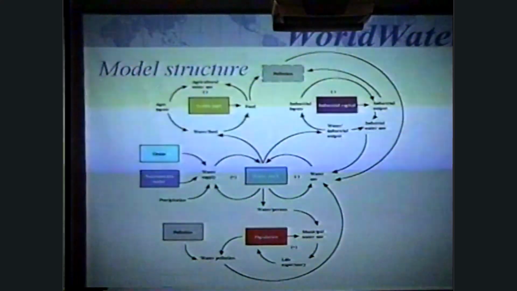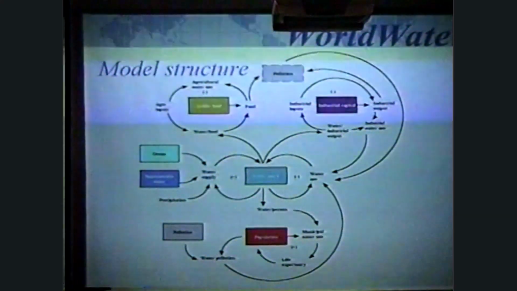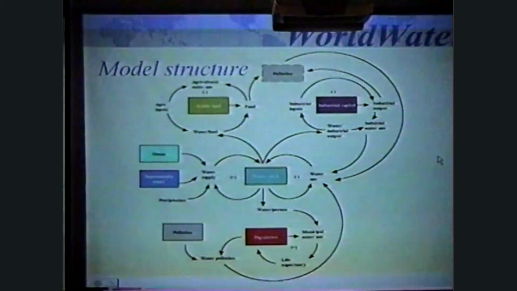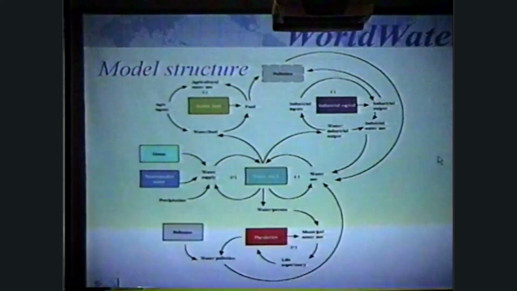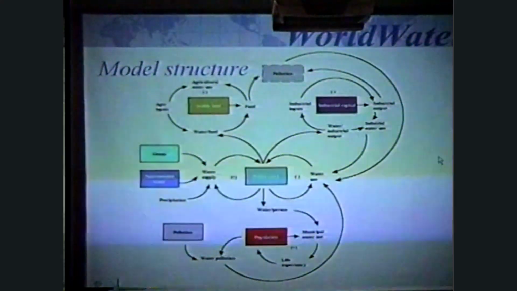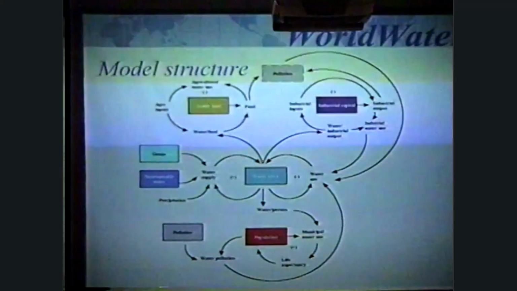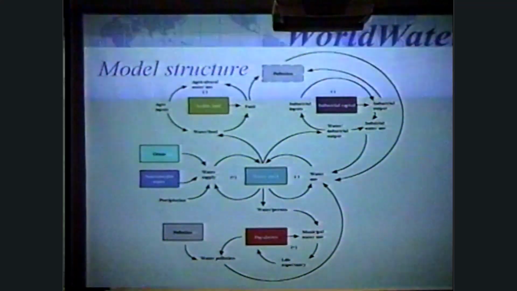I'm sorry for this busy graph, but it is just used to illustrate the structure and the approach by which I was planning to modify the World Three model by adding and considering the water in it.